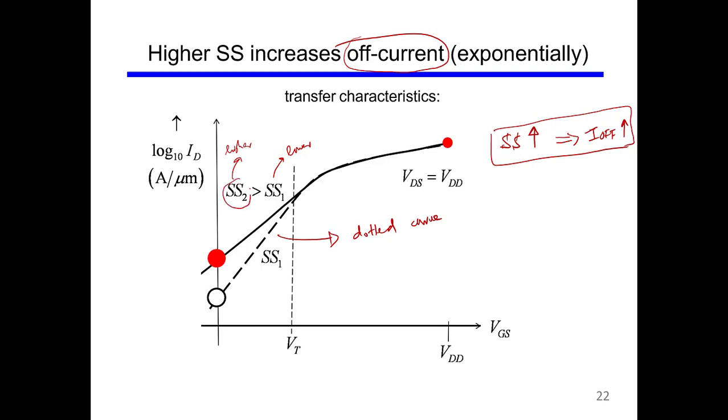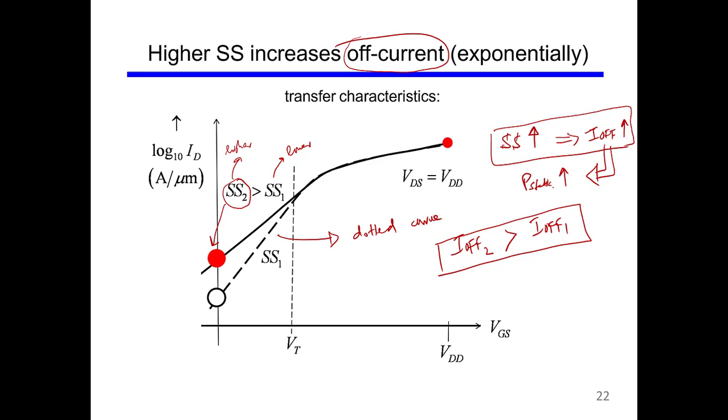What effect it has is that I off 2 is also greater than I off 1. Okay, and we do not want I off to be greater, because if I off is greater, this implies that your static power has also increased.